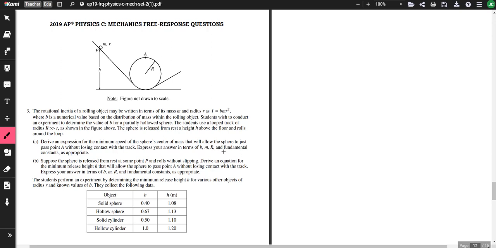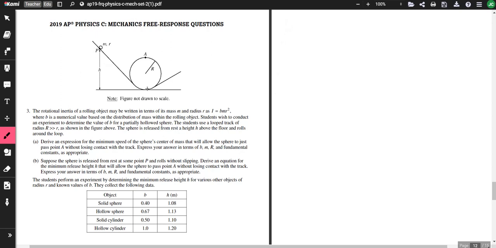In fact, a lot of times they throw in extra terms as a red herring, so that you don't really know what you should or shouldn't do, and also to make it consistent throughout. Part B also uses B, M, and R. So just keep in mind that you don't always have to use every single variable that they mention.